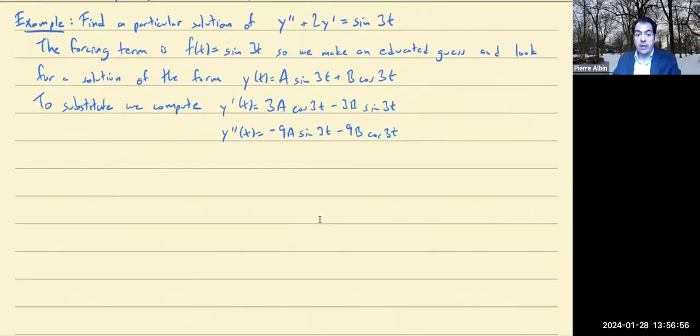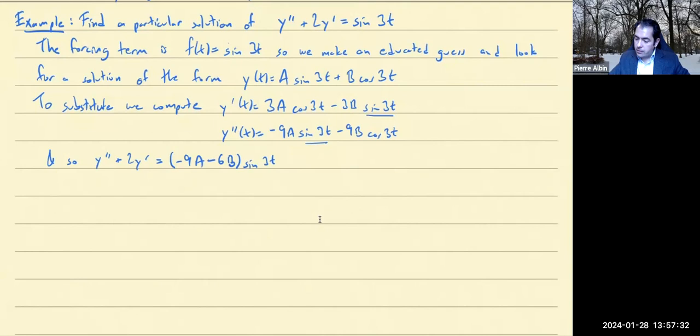And so when we plug it into the equation, y double prime plus 2y prime, here's y double prime and 2y prime. So I'll put together the sines. I have minus 9a in the second derivative, and then plus 2 times the first derivative, so I'd have minus 6b sine of 3t.